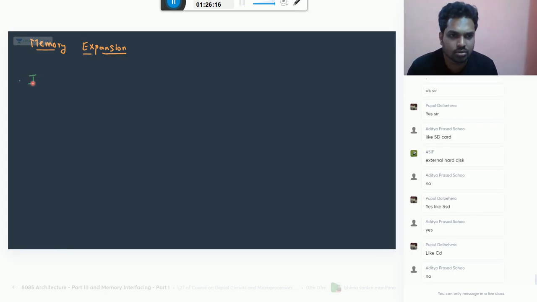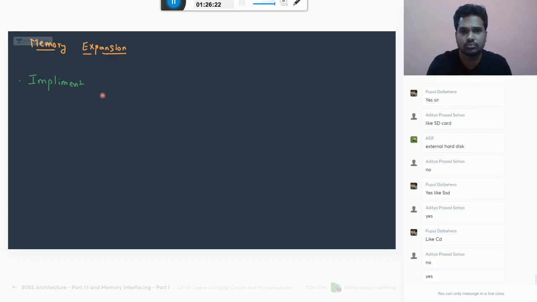Implement 8 KB memory using the 2716 IC.